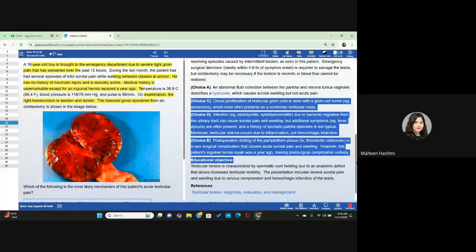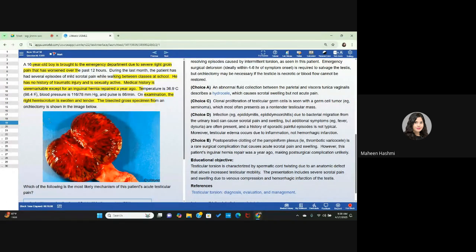What is the most common cause of orchitis in young adults? Neisseria infection. I said young adults. What about epididymitis?